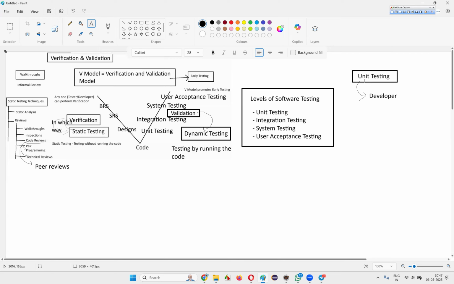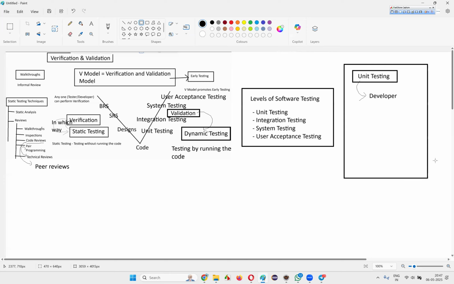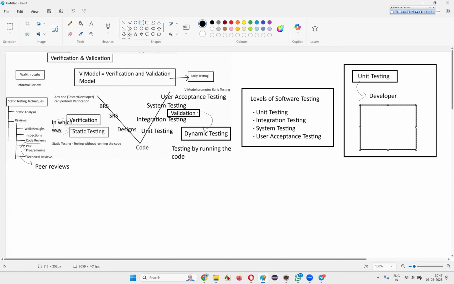How will the developer perform the unit testing? Assume this is a software application that is being built, and the developers have written a lot of code for it.